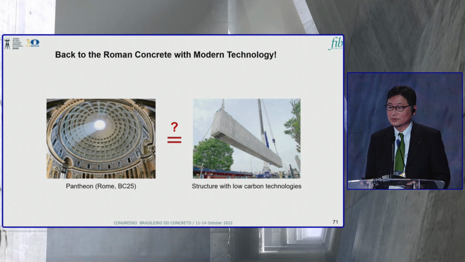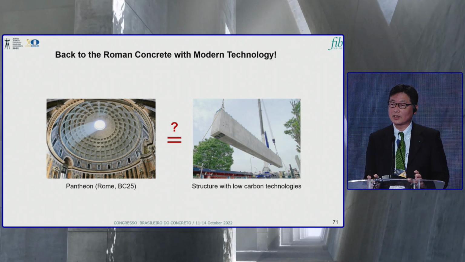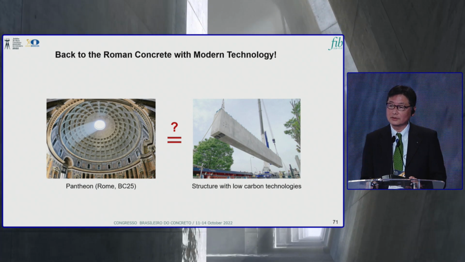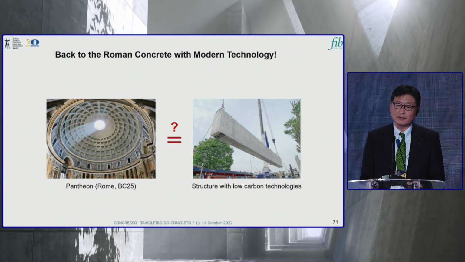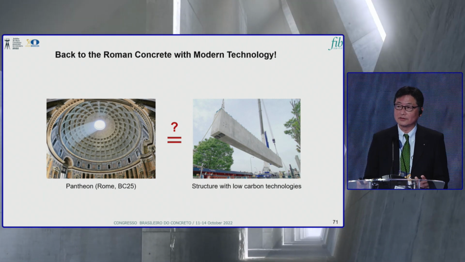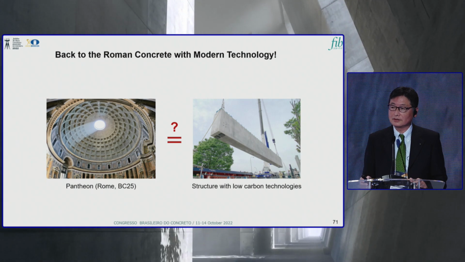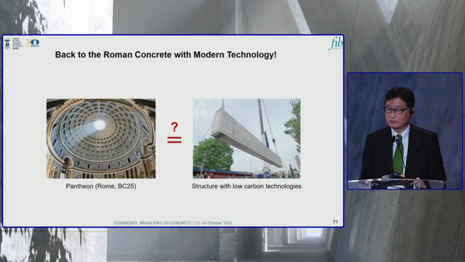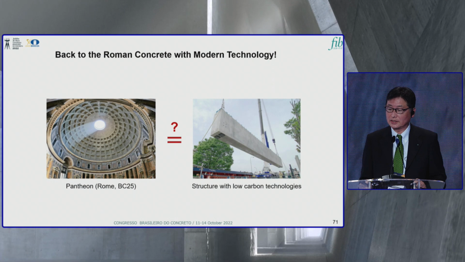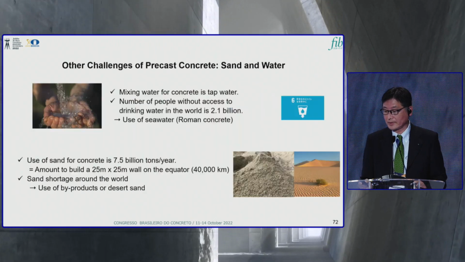And also the new technologies, by using new materials, low carbon, zero cement concrete plus plastic fiber. I don't know if it has the same durability, but it is one of the ways to go to carbon neutrality, to realize carbon neutrality as a precast industry.